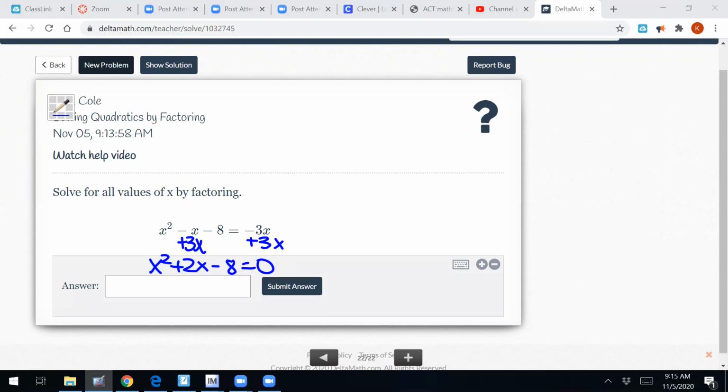Okay, so then we're ready to factor this out. This is our normal problem. So from here, what we're going to do is make a box. A lot of you have learned the box is really just to organize your work and keep your work straight. It's not required, but it is very helpful.